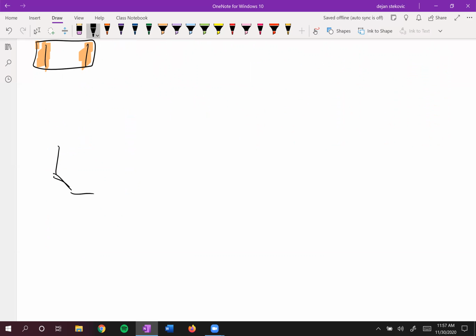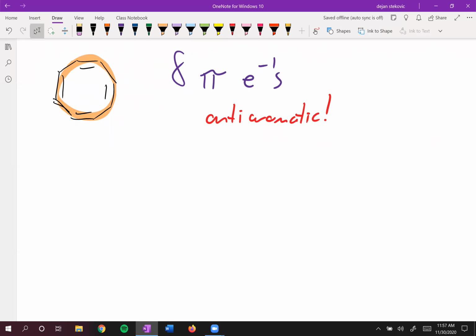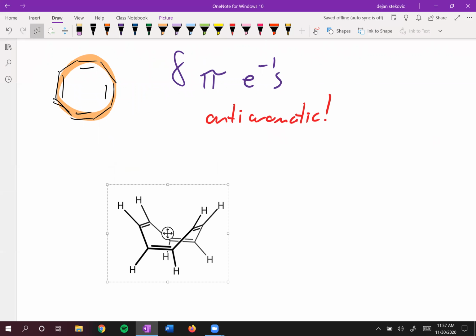Let's go ahead and take a look at our stop sign here. So we have 8 sides, and then we're going to put these alternating double bonds. So we've got the cyclic structure. If we count our electrons, we have 8 pi electrons. And so again, this compound would be anti-aromatic. Right, and so that would be highly unstable. And so in real life, it's going to try to escape this anti-aromatic, highly unstable state.